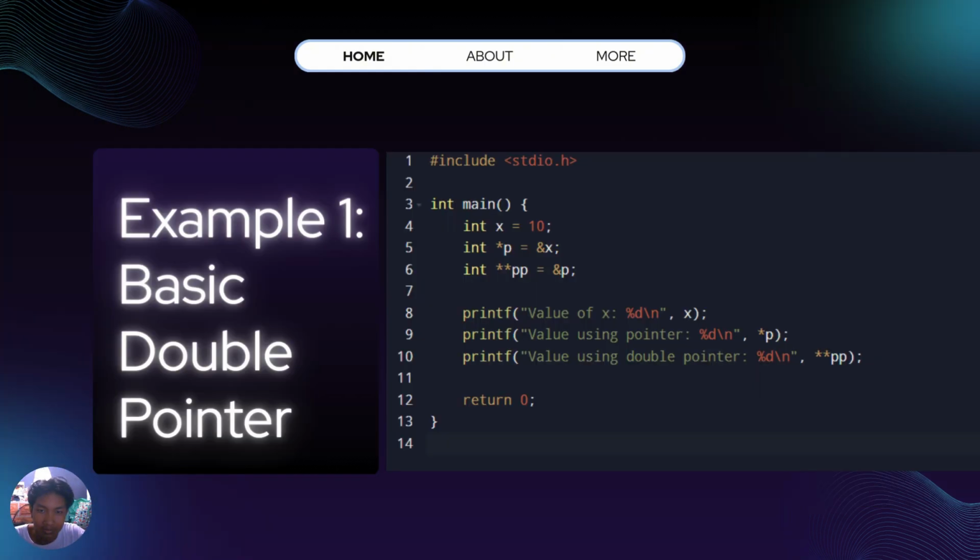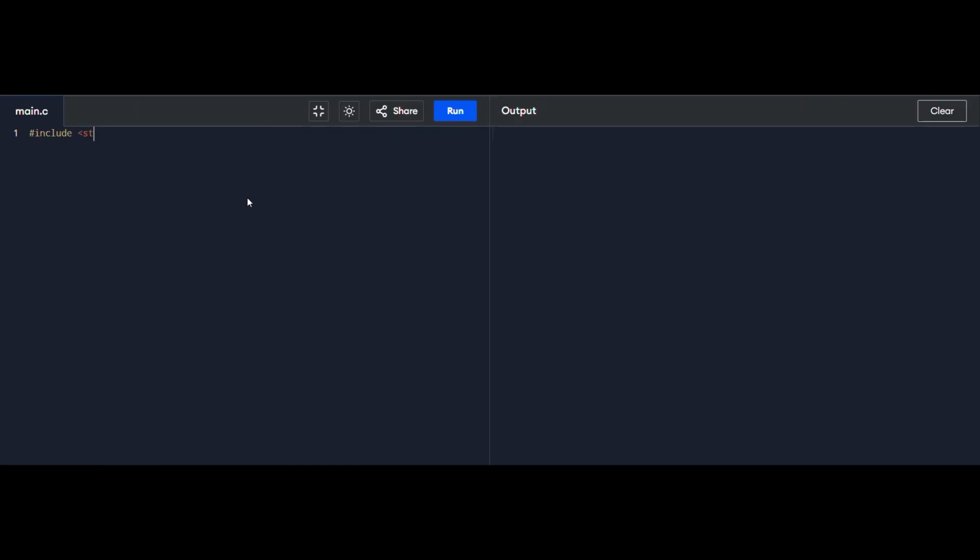Now let us look at our first example program. The program shows how the double pointer is used inside the function to modify the value of a variable outside the function. The variable x is initially assigned the value of 10, and the pointer p is created to store the address of x. When the function change is called, the address of pointer p is passed using &p, which requires the function to receive a double pointer.